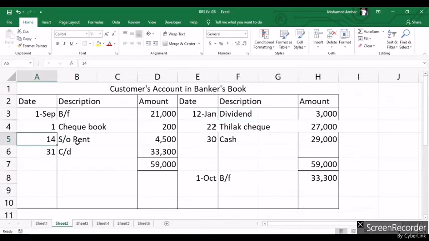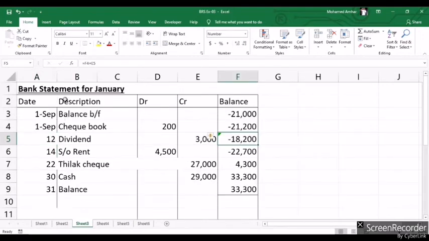Right. Next, after the 12th, the date is 14. On the 14th, the standing order of rent is paid. 4,500 rent is paid, so that should be shown in the bank statement. On the 14th, the standing order rent amount of 4,500 should be debited.